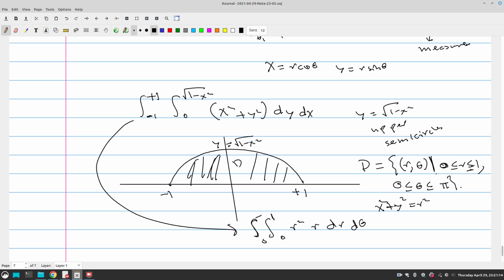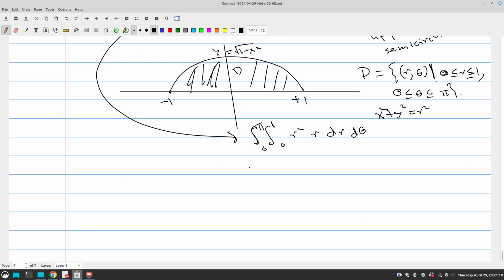Since there's no theta here, we could think of this as an iterated integral. So you have a separate theta integral, and a separate r integral, 0 to 1, r cubed dr. We have a pi here, 1/4 r to the 4, from 0 to 1, 1/4 pi.